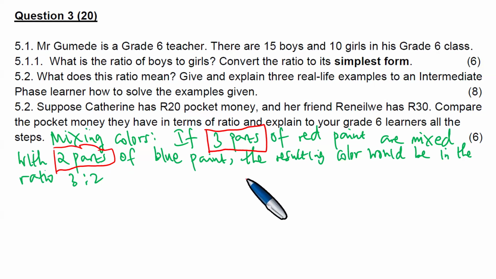The resulting color would be in the ratio 3:2. Okay, because we'll just give you examples of ratios in the ratio 3:2.